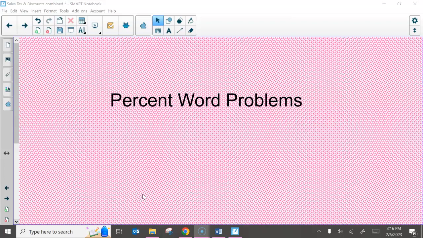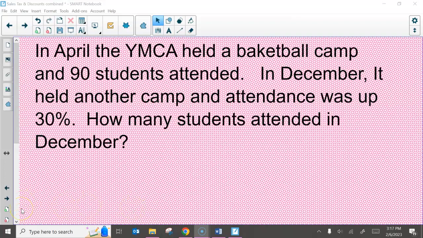Okay, so let's look at a problem and let's try and tear it apart here. This one says, in April, the YMCA held a basketball camp and 90 students attended. In December, it held another camp and the attendance was up 30%. So how many students attended in December?